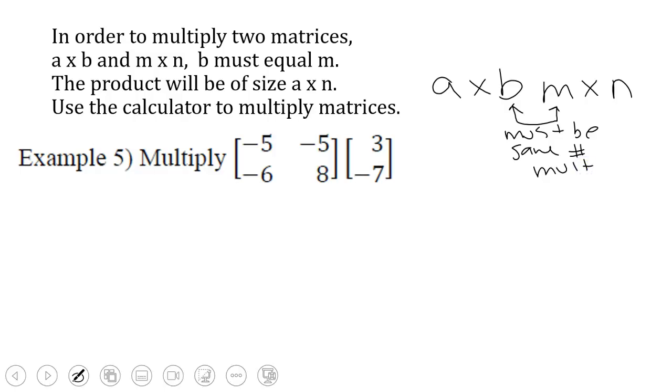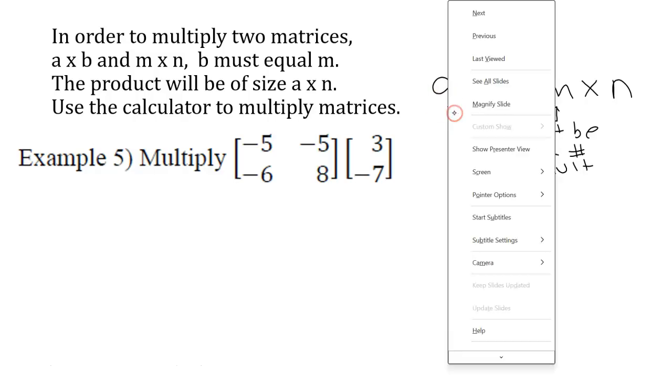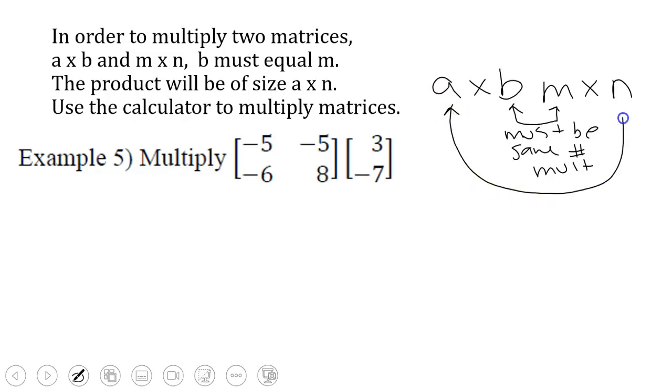If these are the same number, then you say, okay, I can multiply them. And that means that the outsides are going to be your answer. So how many rows and how many columns is going to be the size of the outside.